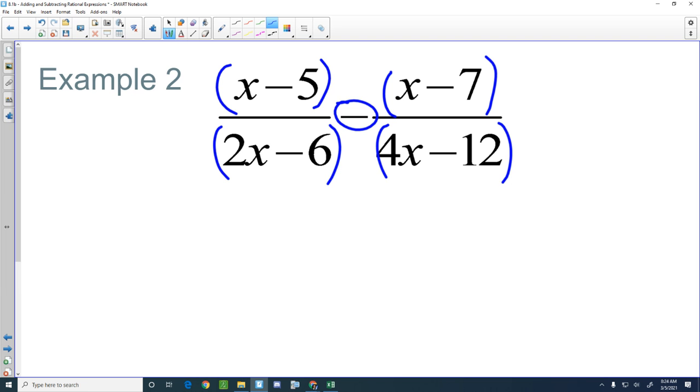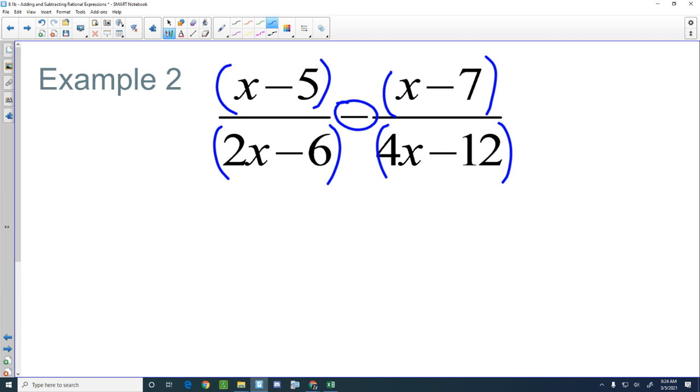One more time. So now look at your two denominators. What do you need to do to make them the same? Okay, how? Yeah. Just that? Whoa. Isn't that nice? Pretty cool.